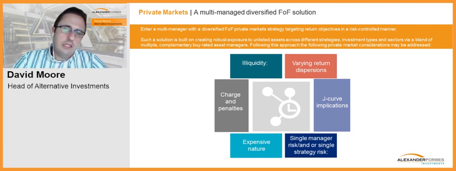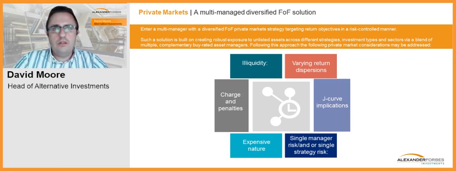You can also reduce the expensive nature and or the single manager bias through blending multiple strategies and multiple managers at different points in time. You create a much smoother, more consistent return profile than, say, backing a single manager within, say, private equity. And so you create a more lowly correlated, lower volatility return outcome, which is quite complementary to your traditional asset categories.